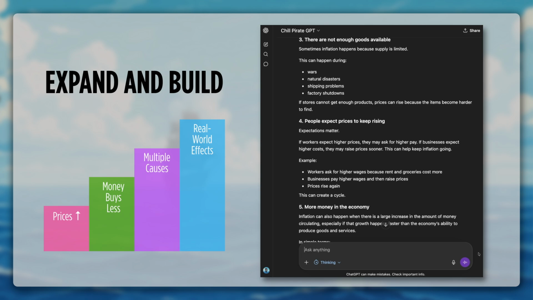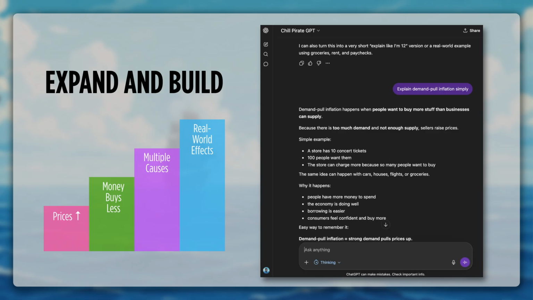This method is especially good when a topic feels too big all at once, because a lot of confusion comes from being handed a complex explanation when you still needed a more basic explanation. And AI is nice for this because you can immediately follow up. And you can request an explanation about demand pull inflation.